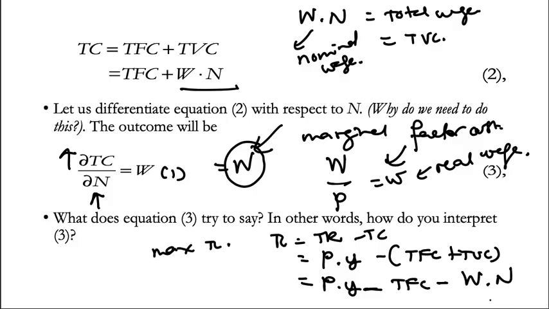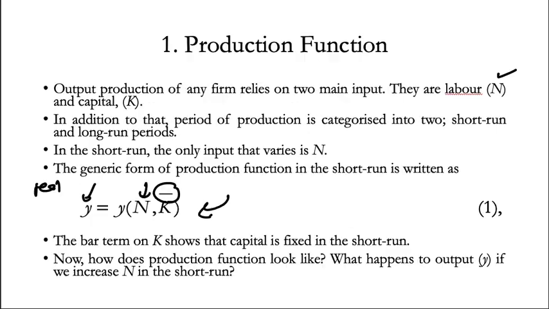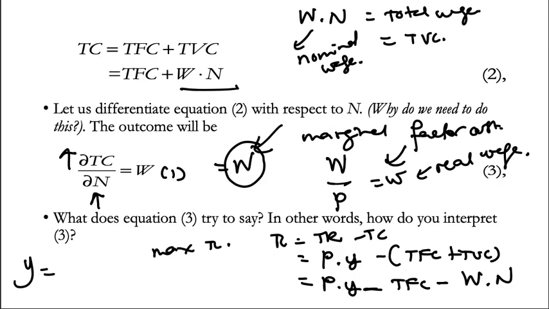Okay. Now, we also know that Y is given by this function. Y is a function of labor and also fixed capital. So I can also rewrite it here as a function of labor and also fixed capital.